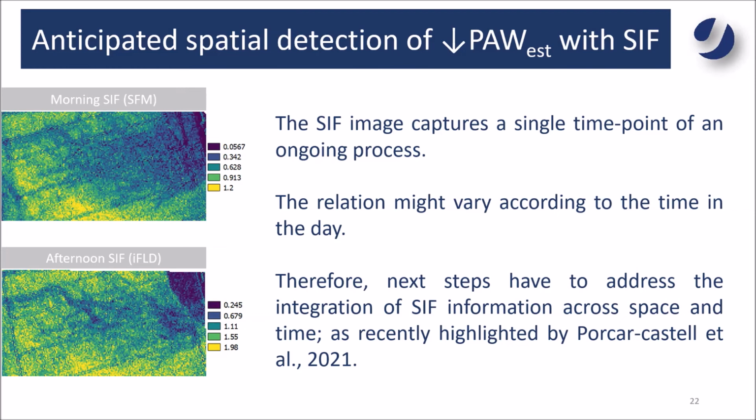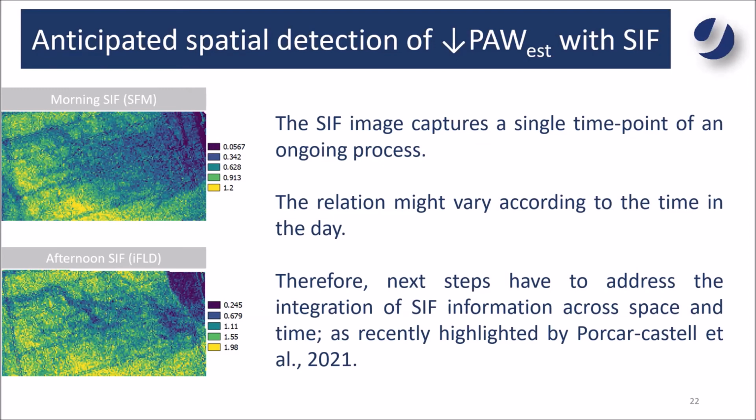We are discussing the hypothesis that even if the image was captured at a very specific spatio-temporal point, at the end, we think that we capture an ongoing process. So maybe what we saw there, this anticipated detection, could not be seen at another time in the day or in another growth stage of the crop. But this is the hot topic now being discussed, and we are so excited, by the way.